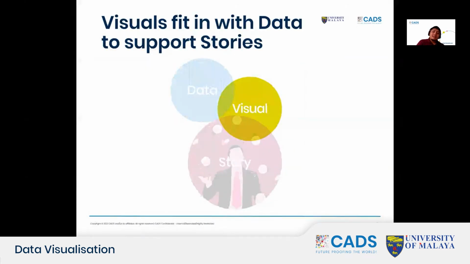Okay. So visual, like I mentioned previously, must come with data and also with story. There's no visual that is standing alone by itself. It should bring some meaning. All right. This is how important visual is.